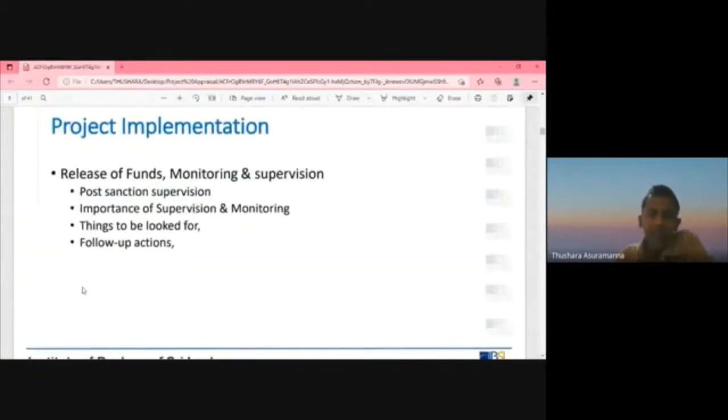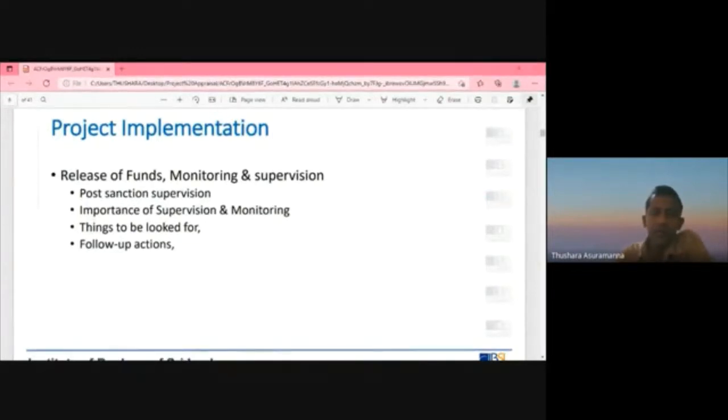Right. This is important again because I briefly mentioned implementation. So this is in detail what I want to do. Release of funds, monitoring, supervision. Right.